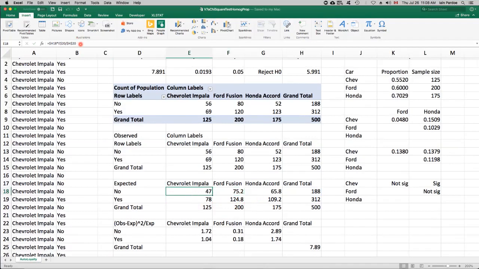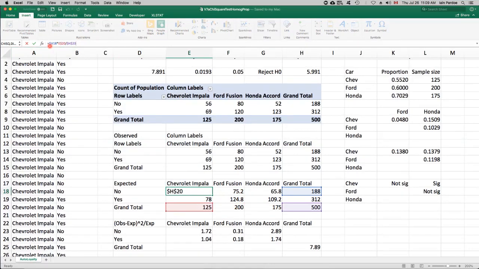What you can do is type in the formula for one cell, and if you use dollar signs appropriately, you can copy that formula for the other cell entries without having to retype it each time.